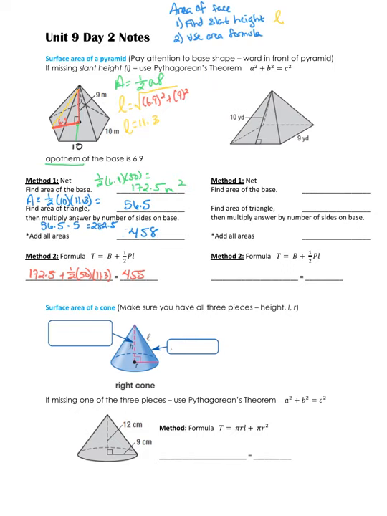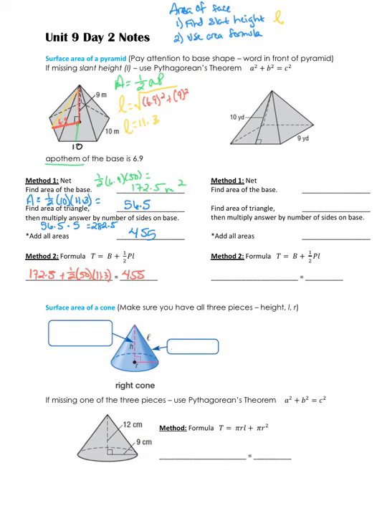I added 175.5 to my base area, so that was wrong. It should be 170. Okay, because 172.5 plus 282.5 is 455. I simply put in the wrong number. You can double check my math. This all works. No, really, it all works.